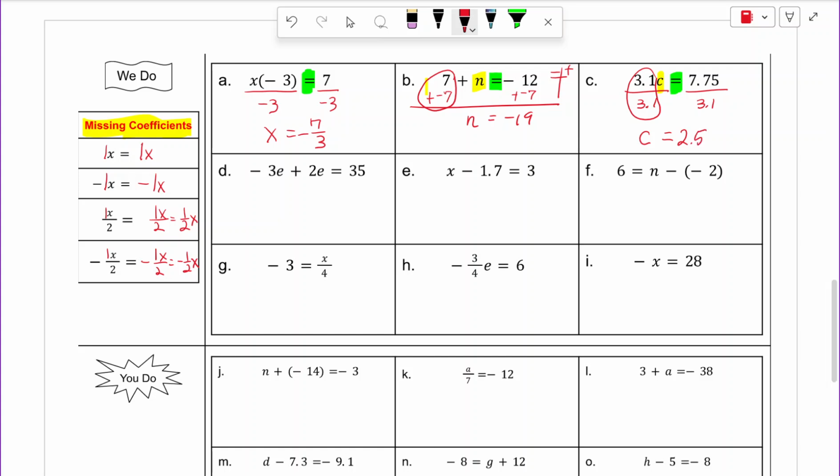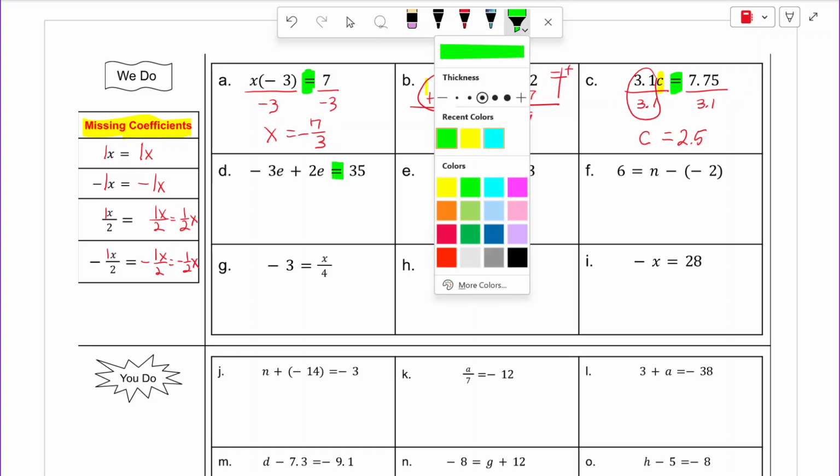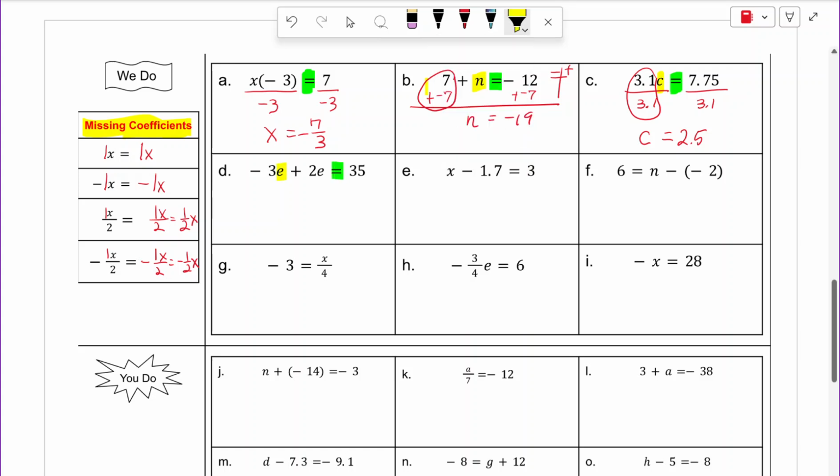On D, this is different. We do have an equal sign, and we also have two variables, E and E. Now, in previous lessons, we learned that on one side of the equal sign, we could simplify, and we need to. These are both E terms, and so we can combine like terms. Negative 3E plus 2E is negative 1E, and that's equal to 35.